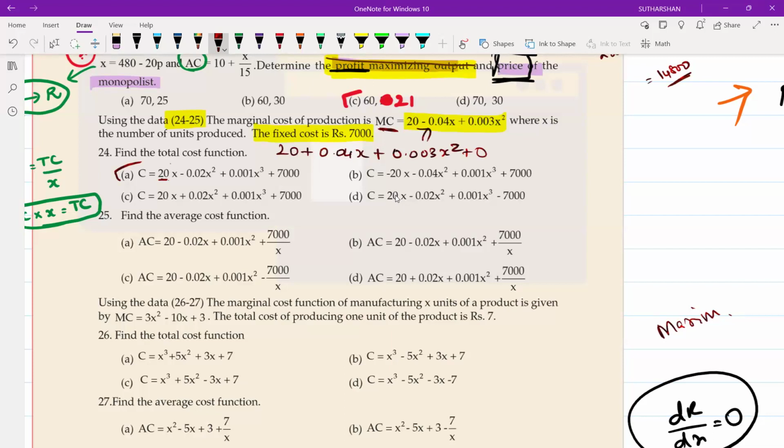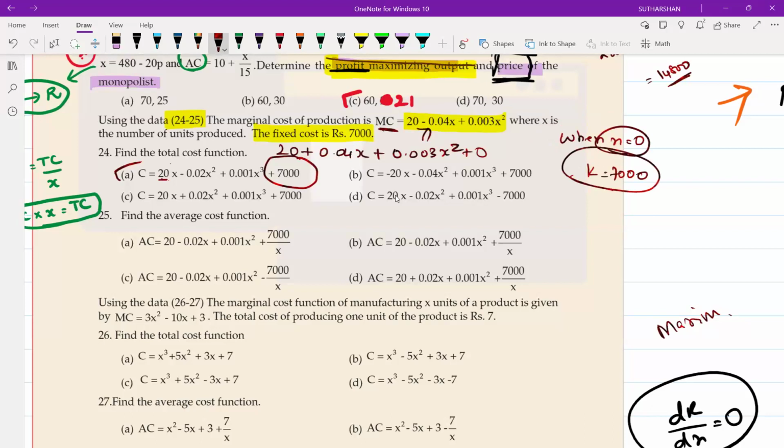Yes, sir. How did this 7,000 come? That's an important point. Whenever you go for an integration, you will add plus k or plus c. That is a constant you will add at the end. When x is equal to 0, you will get k is equal to 7,000.